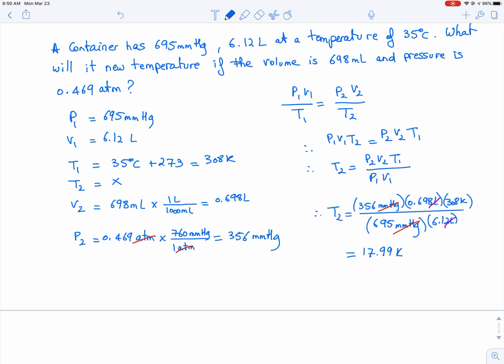Whoa. That's a really low temperature. And that is really 18.0 Kelvin. Okay? Yeah, 3 sig figs. All the numbers up here have 3 sig figs, so the answer will have 3 sig figs.